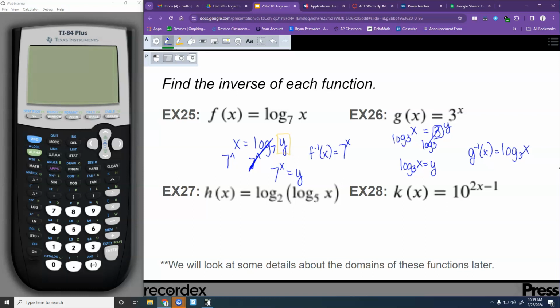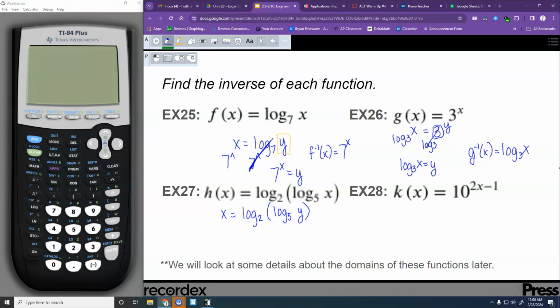Okay, let's look at a couple that are a little more difficult. I've got h of x equals log base 2 of log base 5 of x. So that's going to be x equals log base 2 of log base 5 of y.